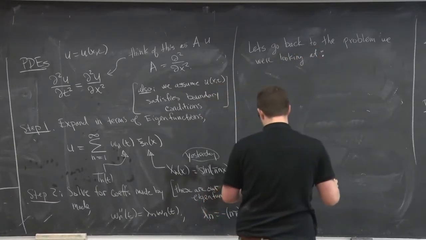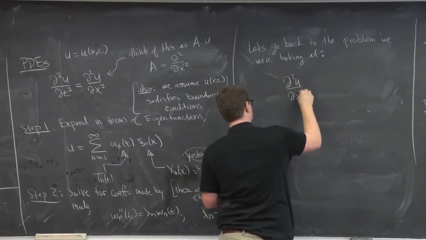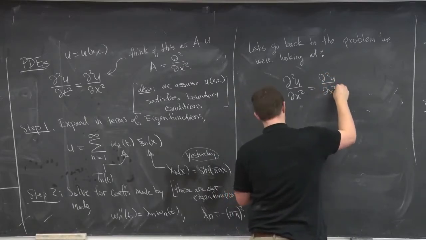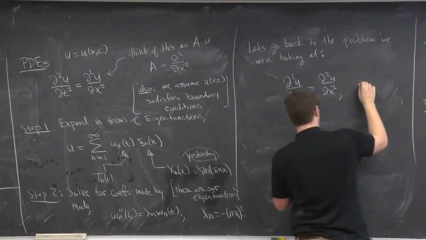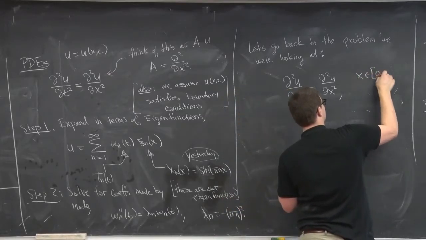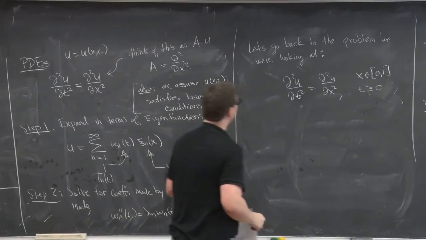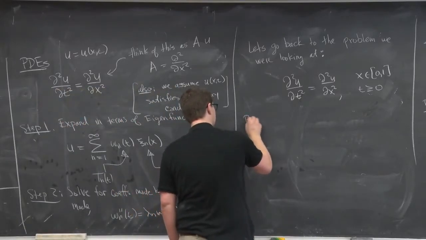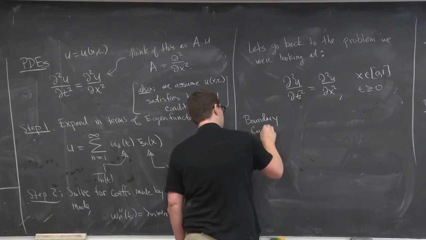And so we had this equation here. This was our d_t here. And then x was an element of the interval 0 to 1, and t was greater than or equal to 0. So this was the main part. And then we had the boundary conditions.